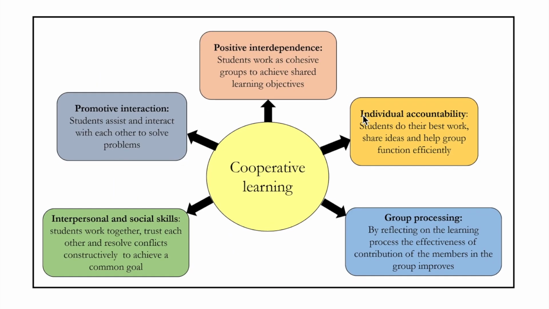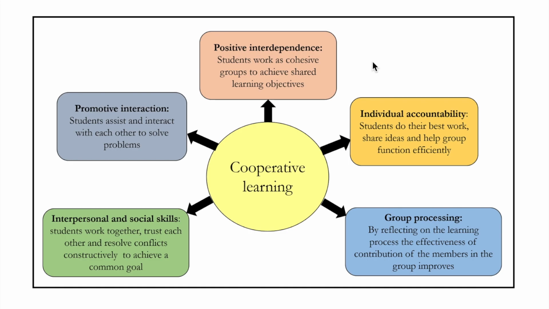Now, let's talk more. What do students need to do in order to achieve it? So for interaction, students assist and interact with each other to solve problems. As I said earlier, for positive interdependence, students work as cohesive groups to achieve shared learning objectives.